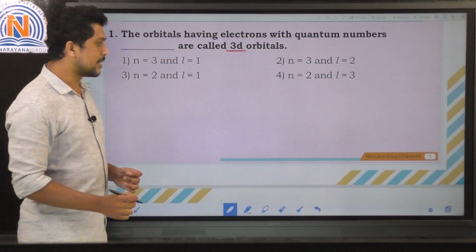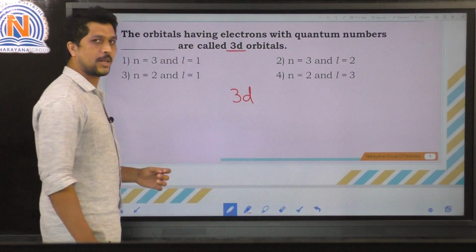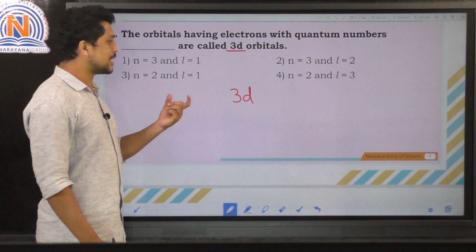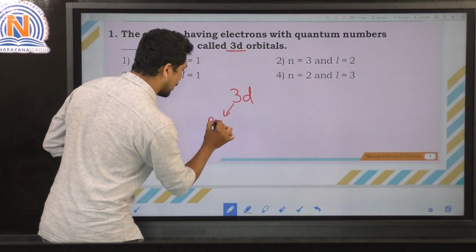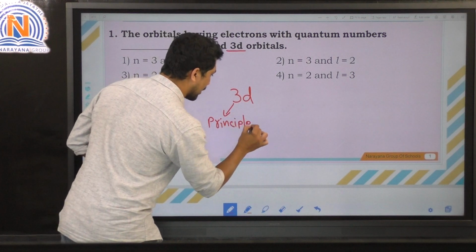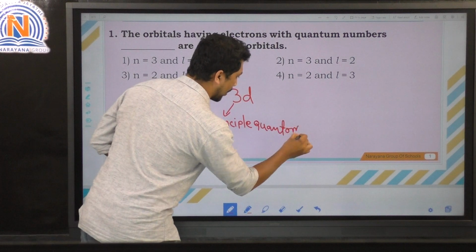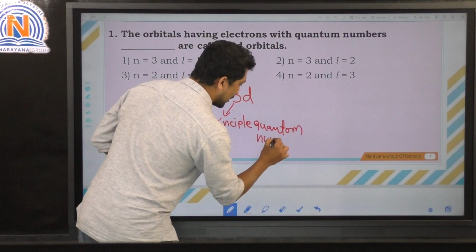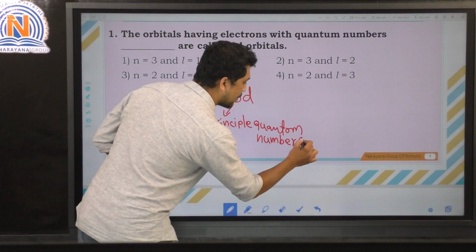So the orbital is 3D orbital. In any particular orbital, the number indicates the principal quantum number. The principal quantum number is represented with small n.